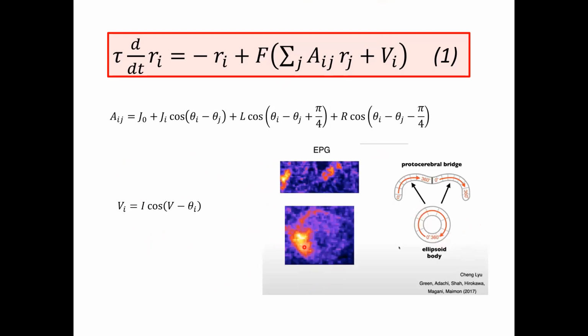You can see this indicates a direction, right? You see a bump, and this is correlated to the heading direction of the fly. And you have a copy of this signal in the protocerebral bridge.